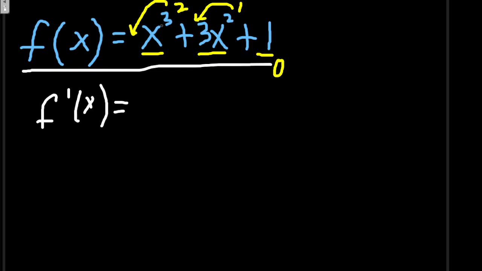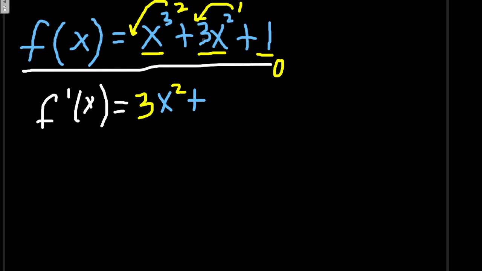Okay, so to take the derivative of this, we follow the rule. Bring the 3 out front from the top, the existing one, 3x, and we subtract 1 to get 2. Then we can add the derivative of the second term.